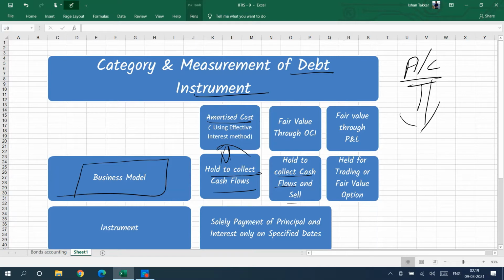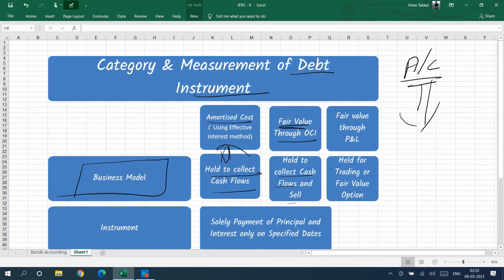You need to show the asset at fair value, and the changes in the asset are recorded in OCI, because you're not into the business of trading the bonds. Your objective is to collect the cash flows, but you want to take an advantage. Like, if you are getting a very good premium, or if you think you need some money, you want to have some liquidity, then you need to recognize your asset at fair value through OCI.